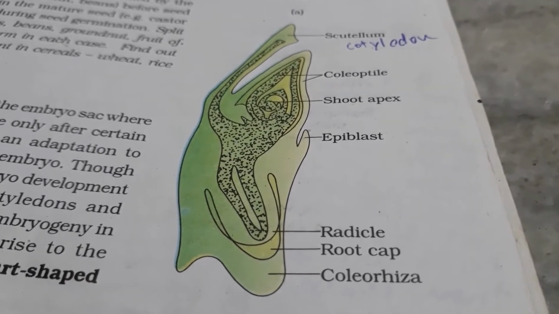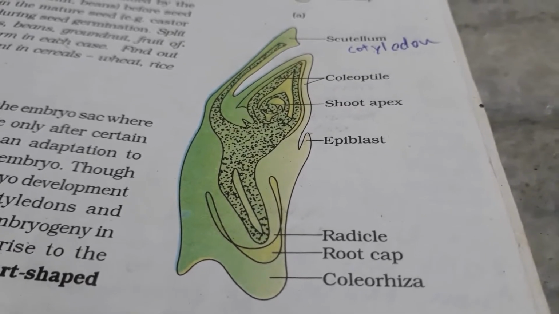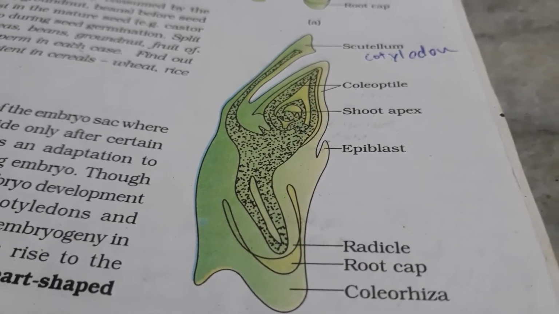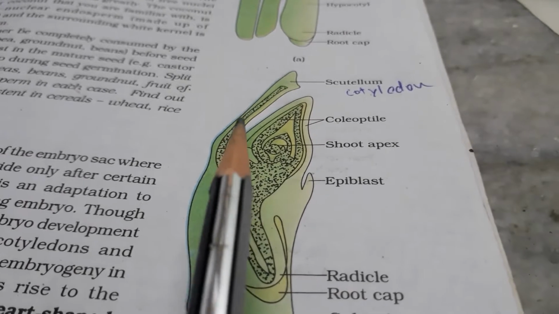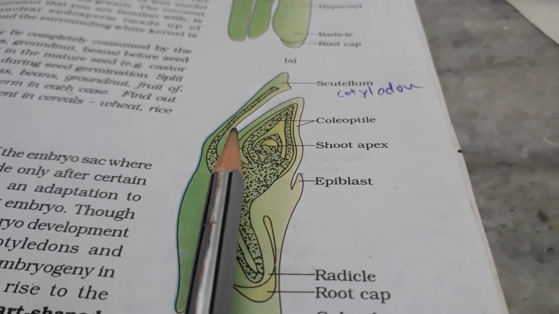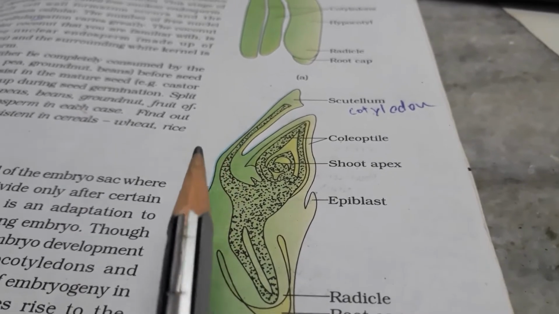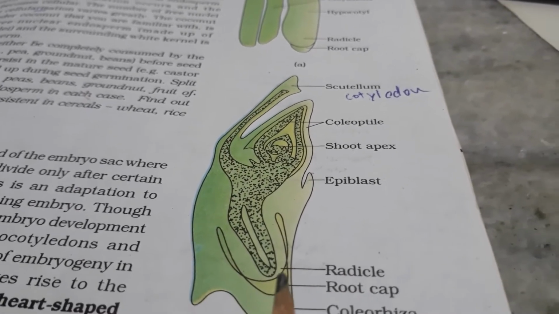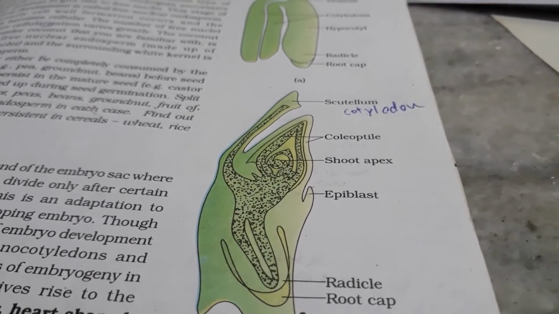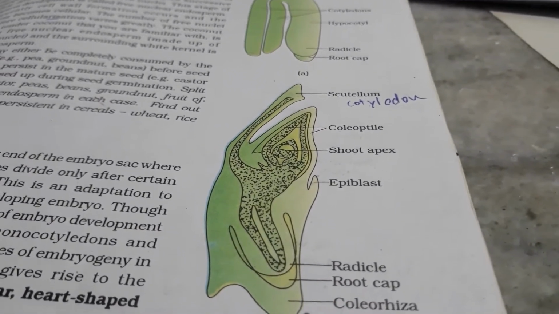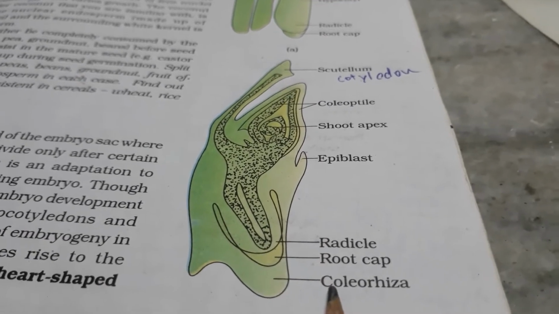In grass family, the cotyledon is called scutellum. It is on one side of the embryo axis. See, where is the one side only? Here, this only one side. At the lower end, embryo axis has radicle here and the root cap. They are covered by a sheath called coleorhiza.